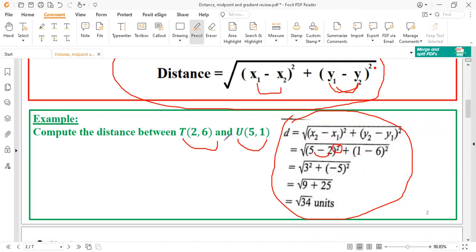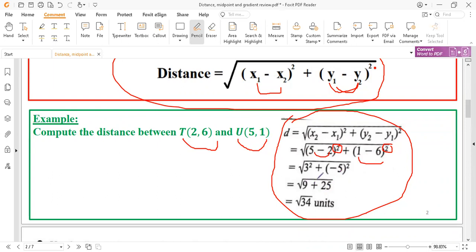Similarly, when evaluating the difference between the ordinates, 6 minus 1 or 1 minus 6, squared, because the square ensures a positive value inside the square root.